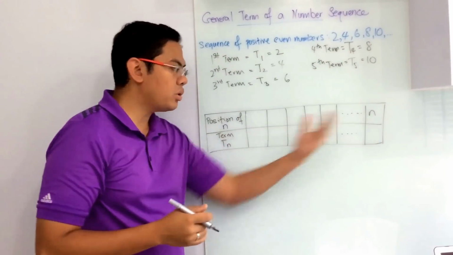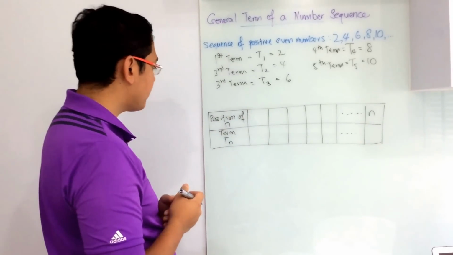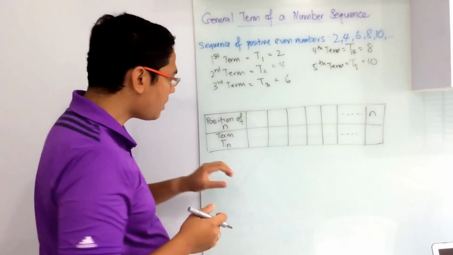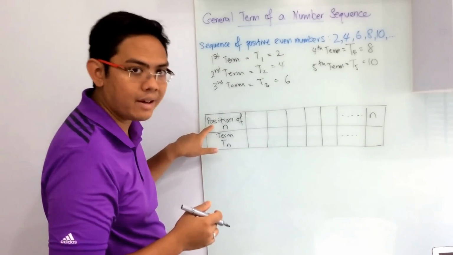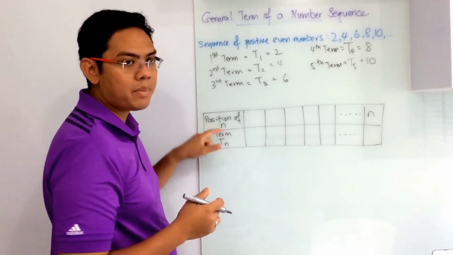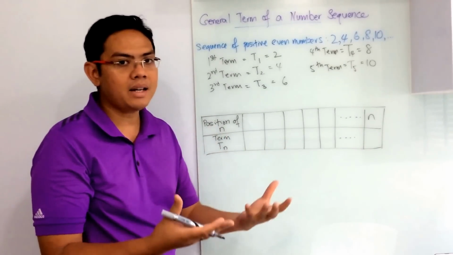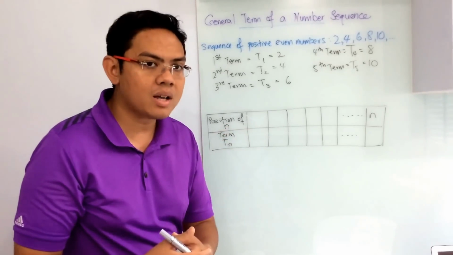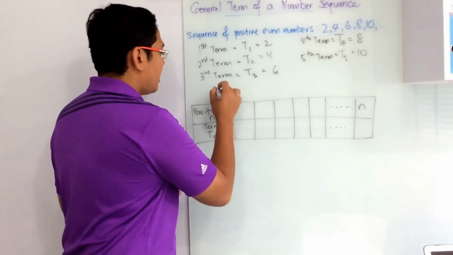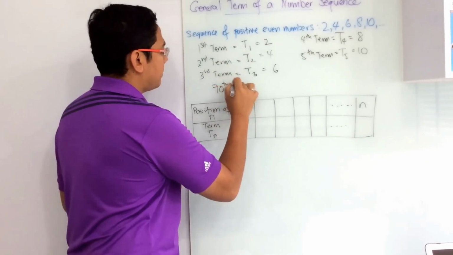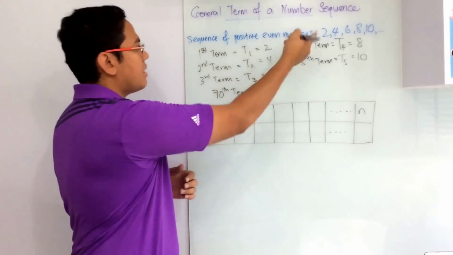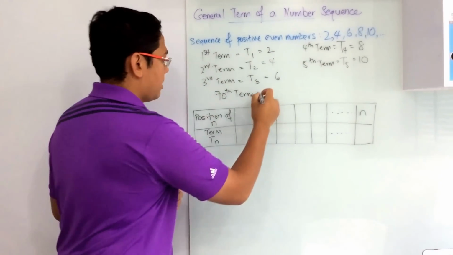So I have already drawn you this table here. The horizontal row denotes the position of n. n represents any variable, any number. So if a question asks you, what is the 70th term in this sequence of even numbers?